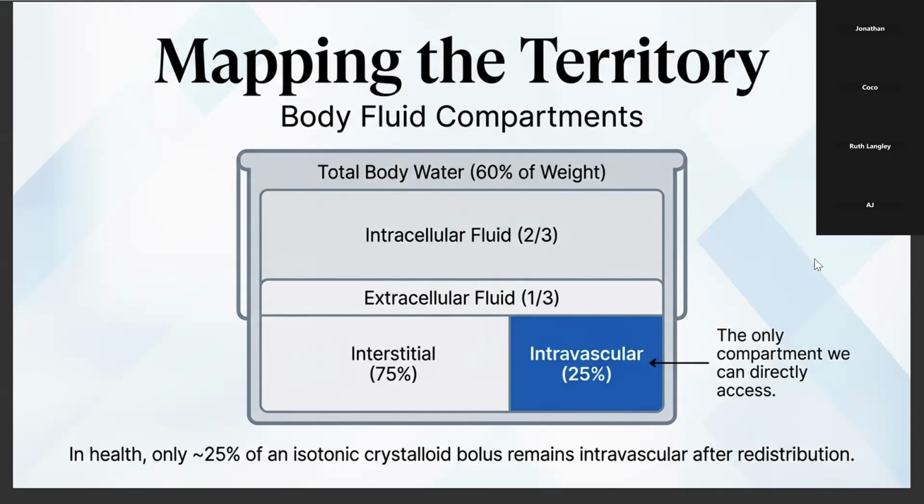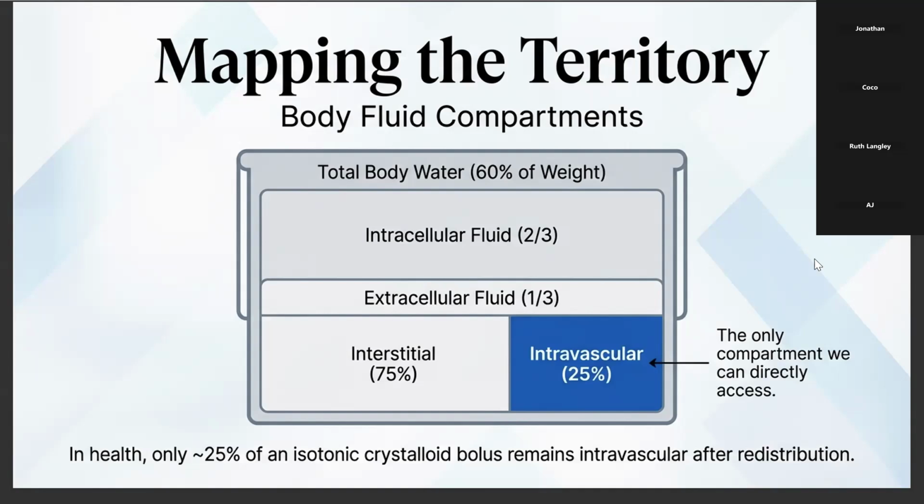And that fluid outside of the cells is made up of interstitial fluid and intravascular fluid. So interstitial fluid is any fluid basically that is not within the cells and is not within the blood supply. So, think of the alveoli in the lungs and the blood supply that goes past them.